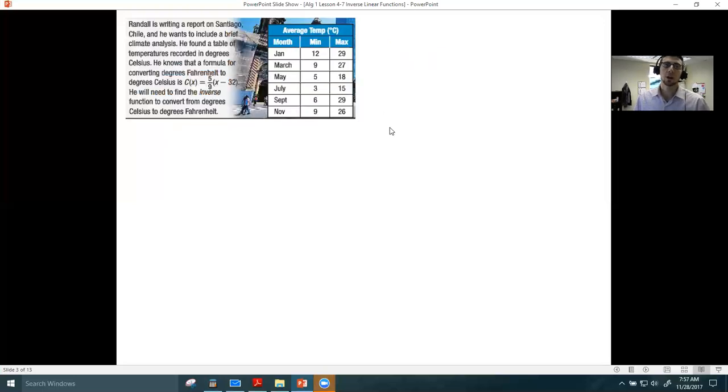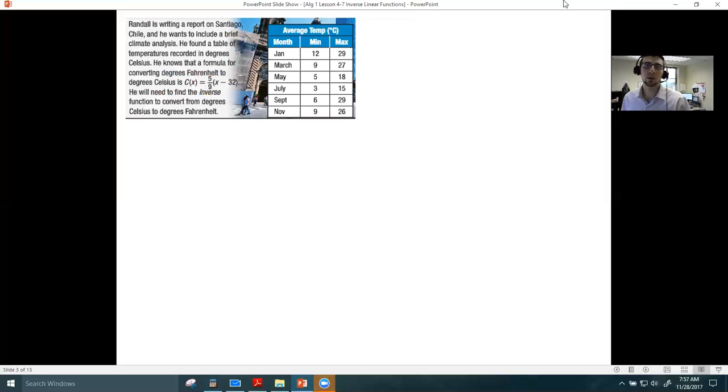So Randall is writing a report on Santiago, Chile, and he wants to include a brief climate analysis. He found a table of temperatures recorded in degrees Celsius, and he knows that a formula for converting degrees Fahrenheit to degrees Celsius is C of x equals 5/9 times the quantity x minus 32. He will need to find what's called the inverse function to convert from degrees Celsius to degrees Fahrenheit.